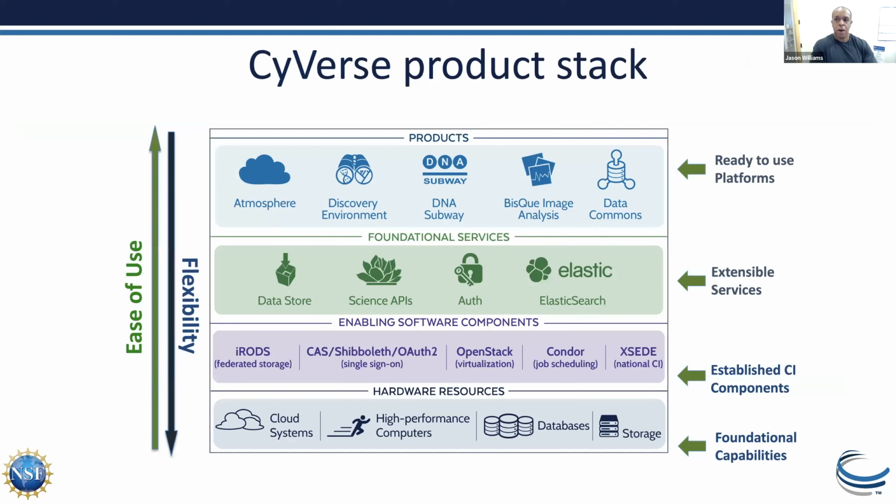This is a very broad overview of some of our platforms and systems. Most of us who come from the biology perspective might want to work up at the layer of products, which are the forward-facing interfaces, usually web interfaces, to the different systems that we provide. But if you're a bioinformatician or you work with bioinformaticians or a research software engineer, there are whole layers of systems which you can customize and extend.